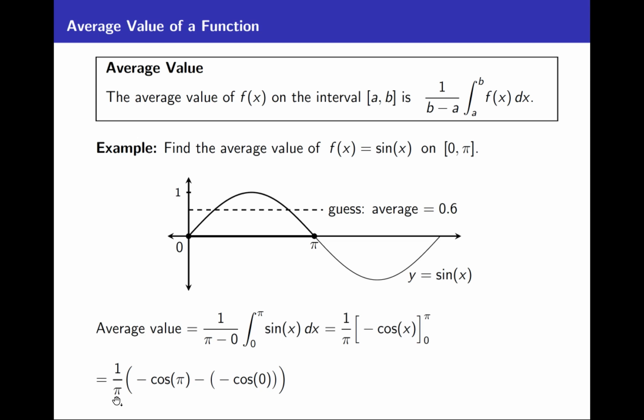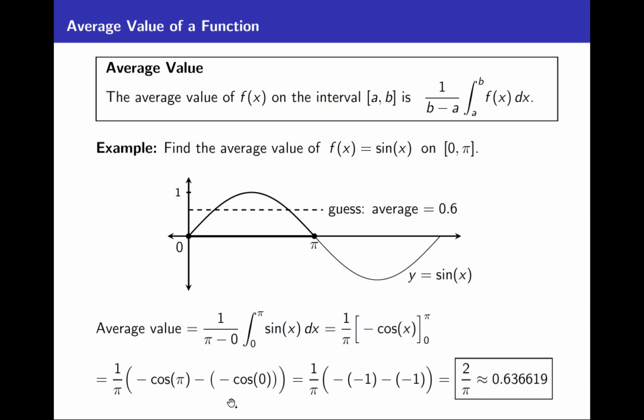And that's 1 over pi times minus cosine of pi, then minus cosine of 0, where you plug in the 0. And let's see, cosine of pi is minus 1. Cosine of 0 is positive 1. So we're getting 1 over pi times minus 1 minus 1.